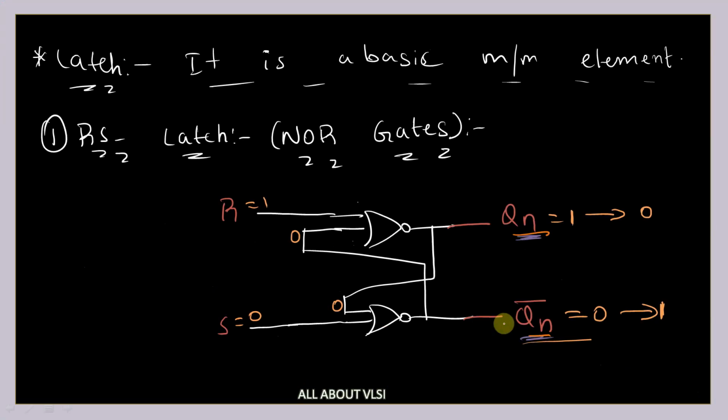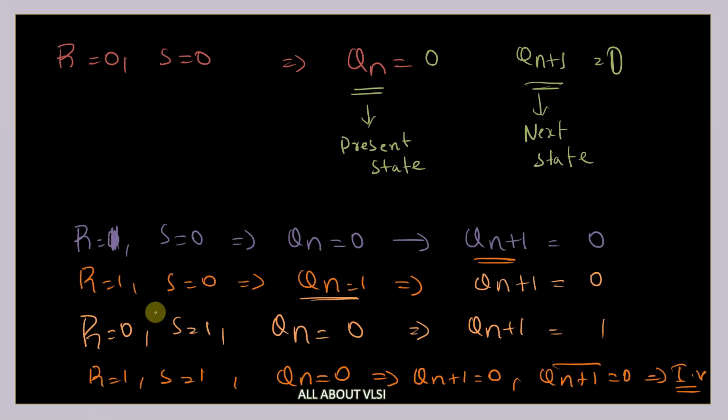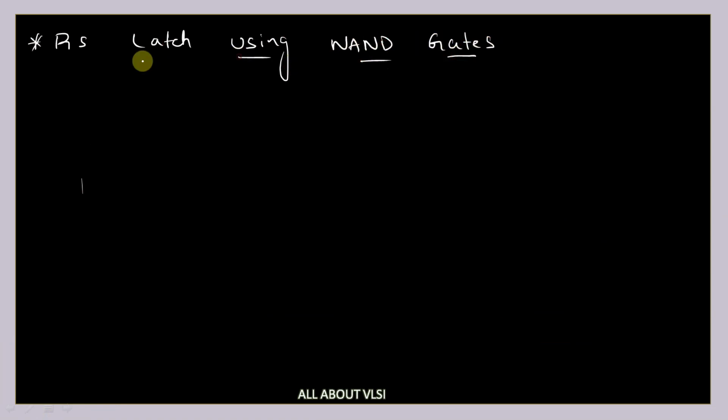Now we have developed this RS latch using our NOR gates. Let us try to develop our RS latch using NAND gates. How to build this? Same procedure.